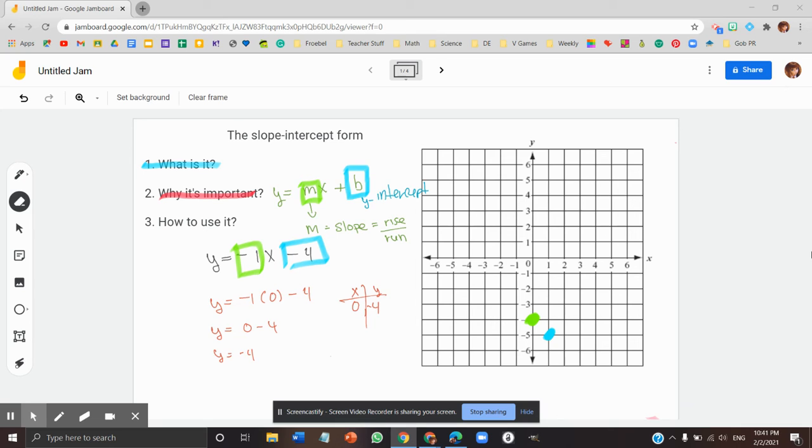Then my y was going to be -4. So it's going to be around there somewhere. I'm going to try to do a line right there. I'm going to try my best because I need a good ruler for this, and for some reason my iPad is just too sensitive.